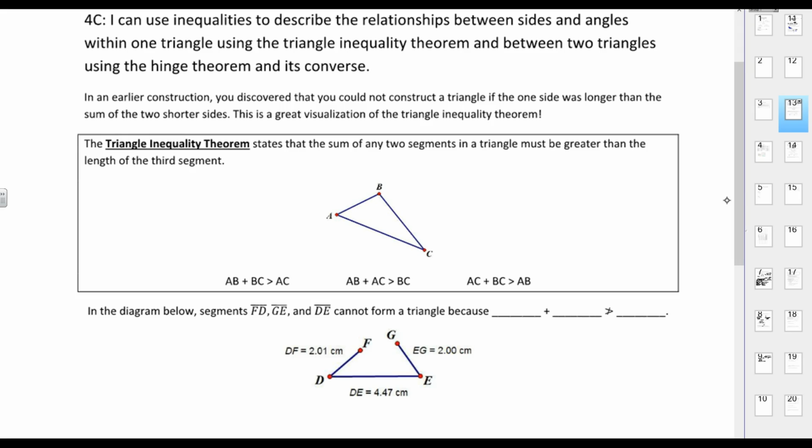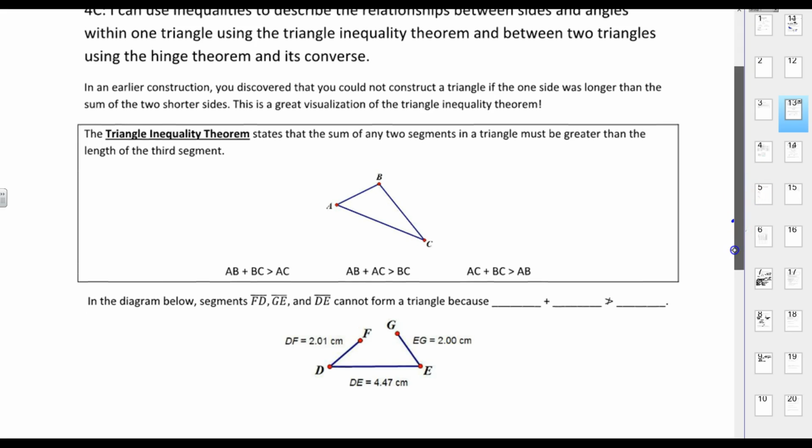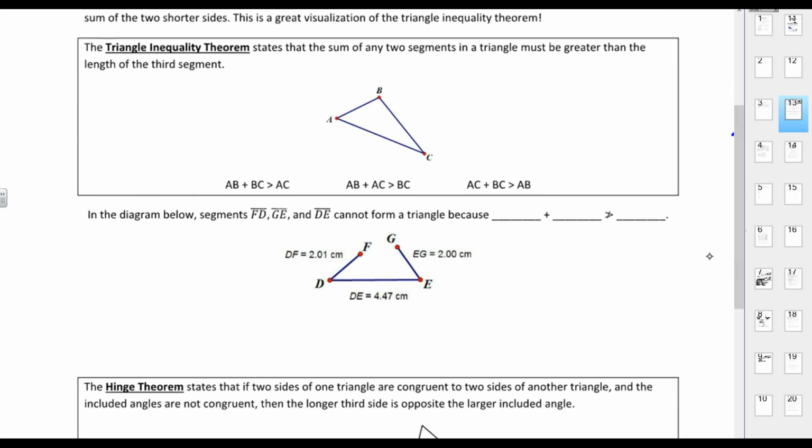So usually we take it with the two shorter sides. The sum of the two shorter sides must be greater than the length of the third side. So looking at this diagram down here, we are actually unable to make a triangle in this picture. And you can see how if we had a compass and we were doing our arcs, these guys wouldn't meet and we would not be able to form a triangle.